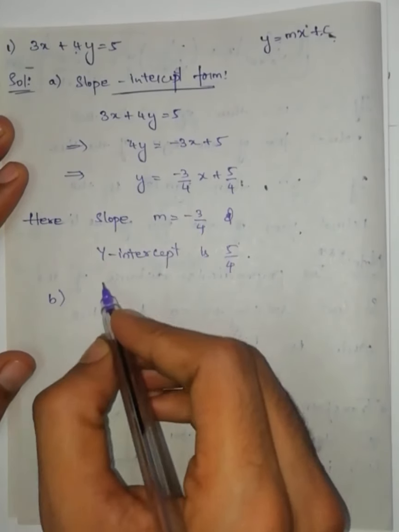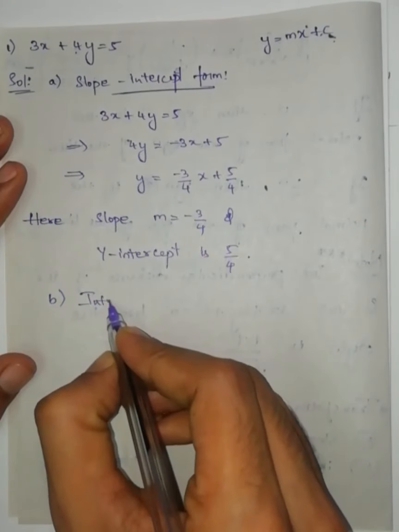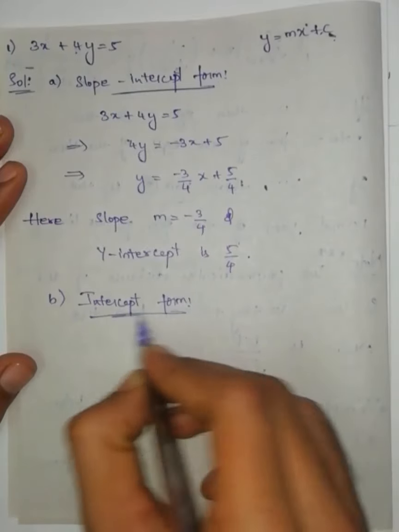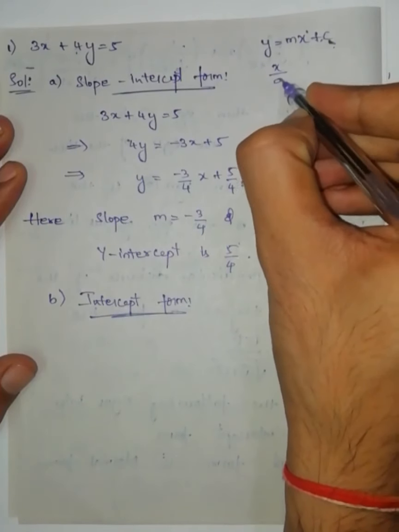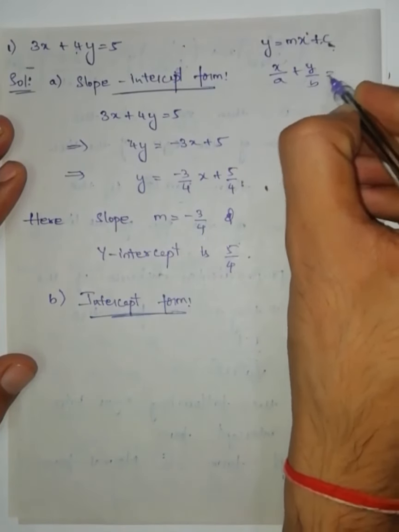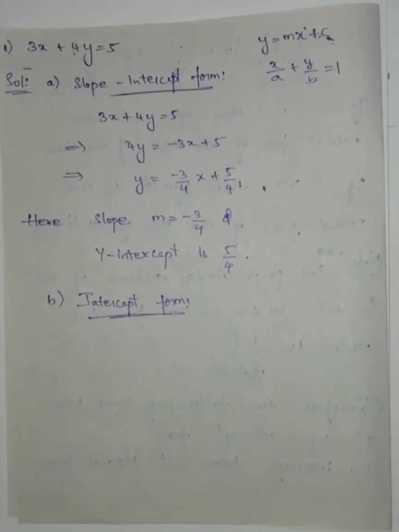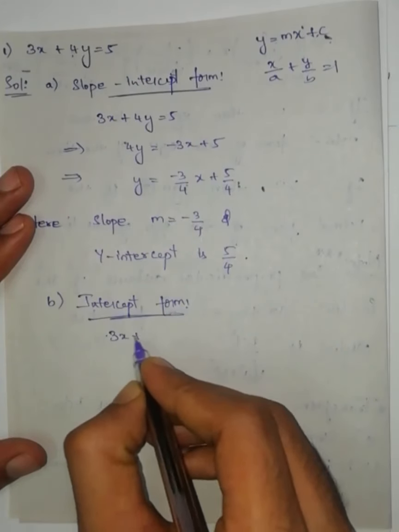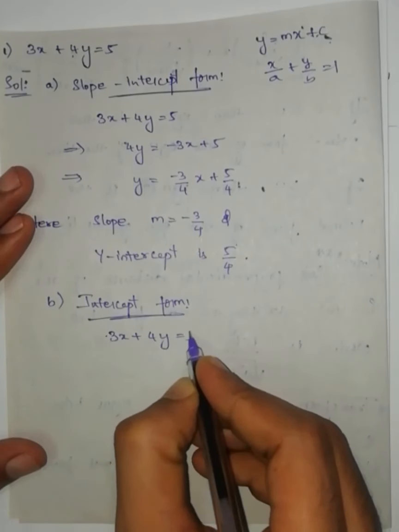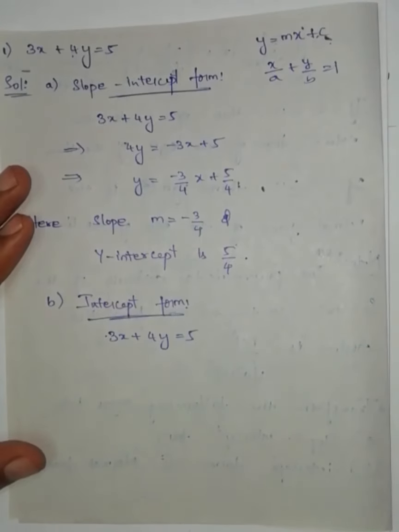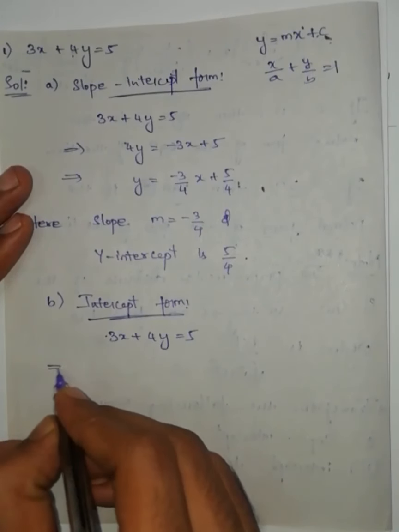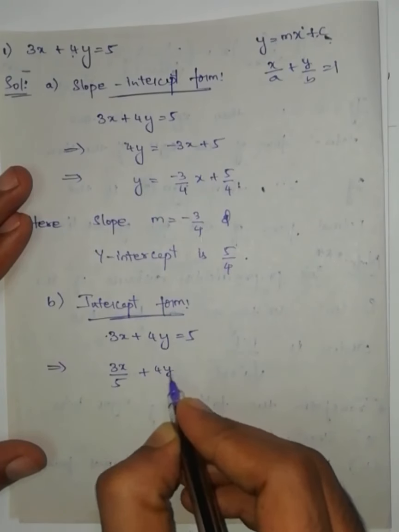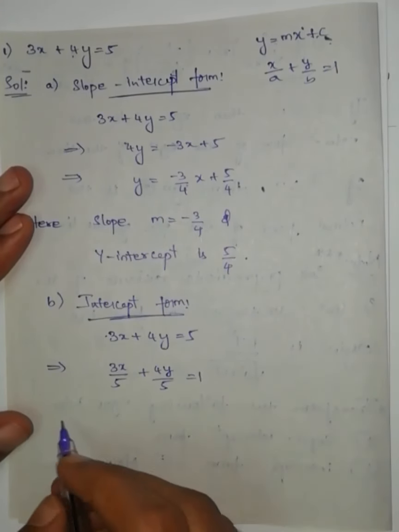Now B, intercept form. The intercept form is x by a plus y by b is equal to 1. In this format I have to make it. 3x plus 4y is equal to 5. In the RHS I have to make 1. So dividing by 5, what you get: 3x by 5 plus 4y by 5 is equal to 1.